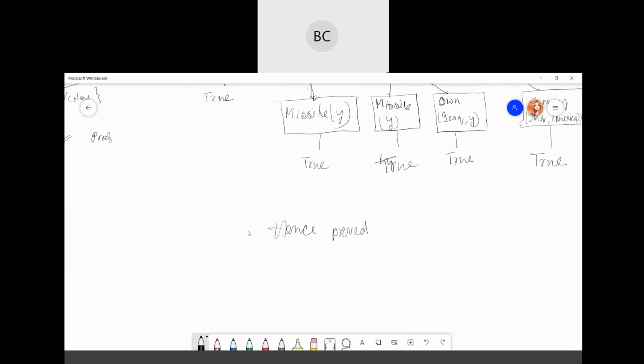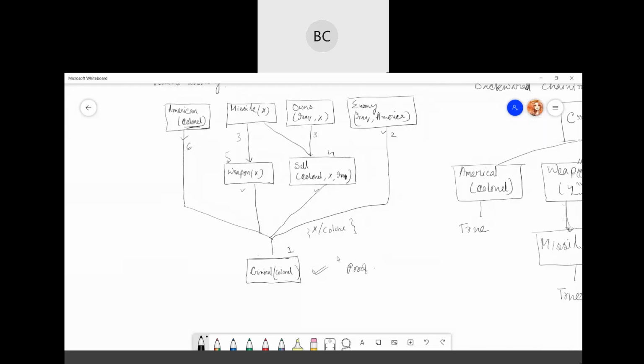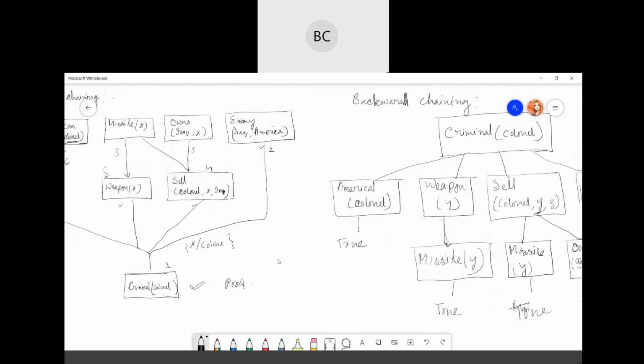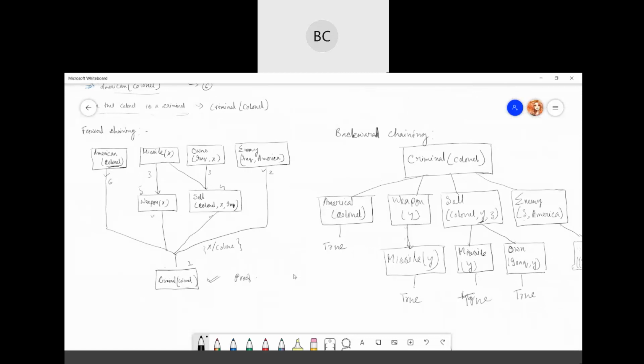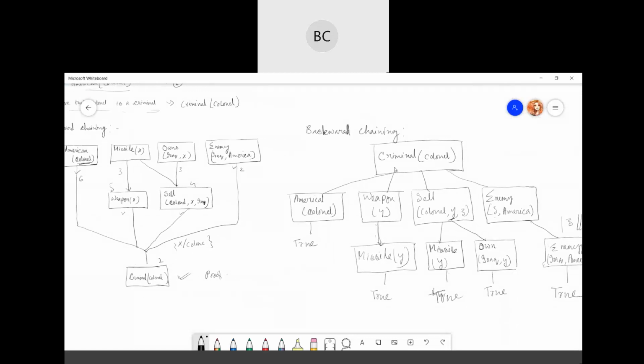In forward chaining, we start from the single parts, then go to the goal state, and in backward chaining, we start from the goal state, then we go backward to see what facts or left hand side we can fit here.